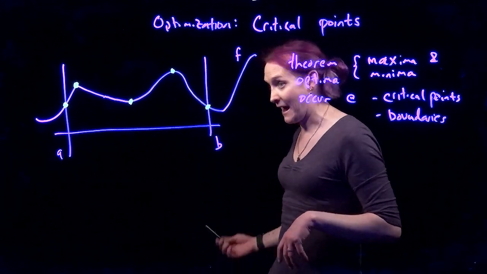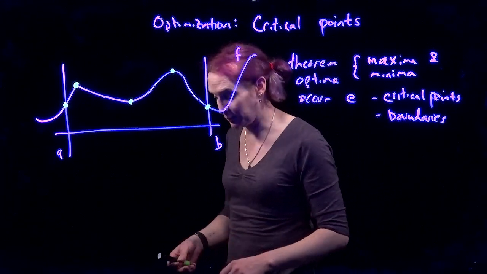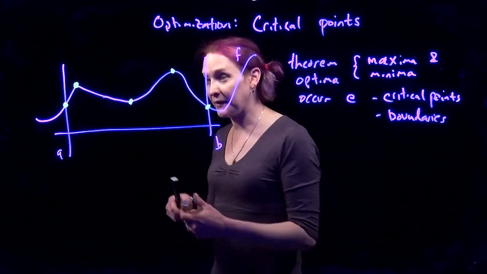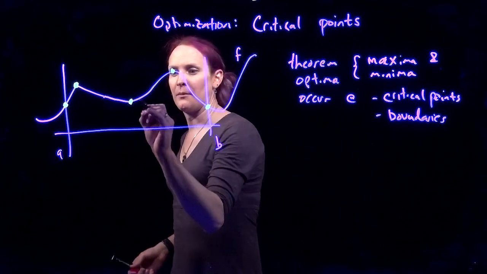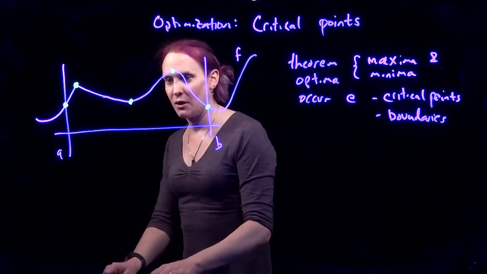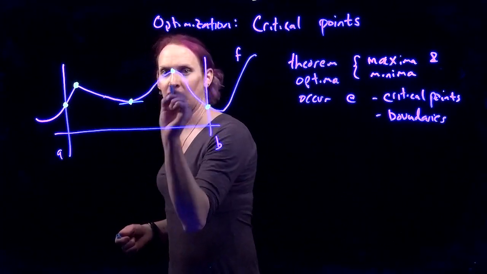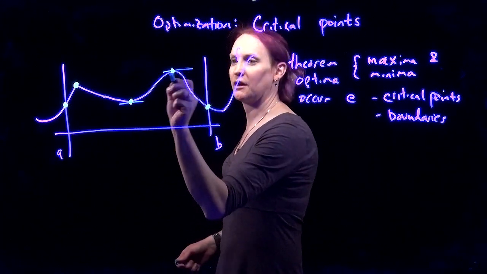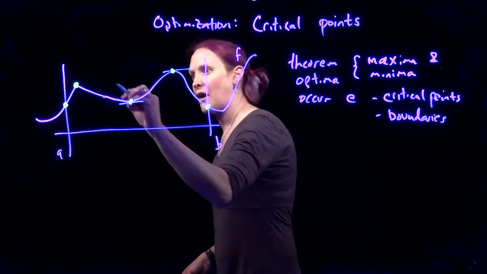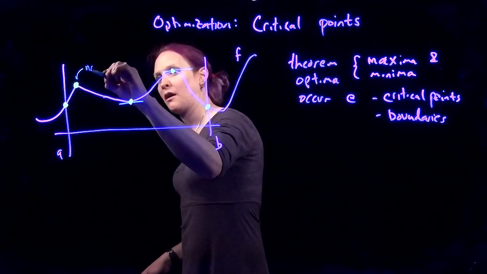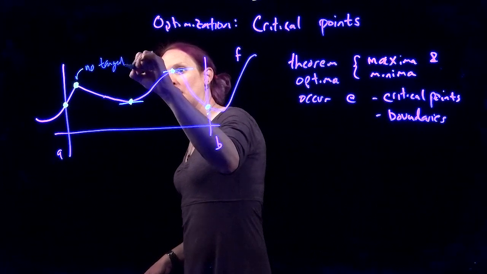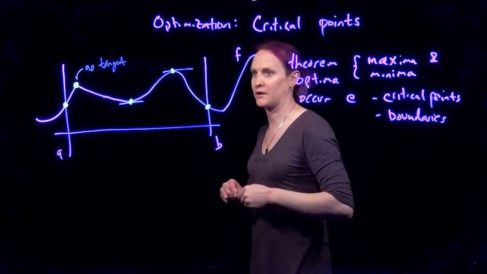They occur at 2 types of places, really. There's the stuff on the interior of the interval, like this point right here, where we have a horizontal tangent line, this point right here, where we have a horizontal tangent line, and this point right here, which has no tangent line defined to it.